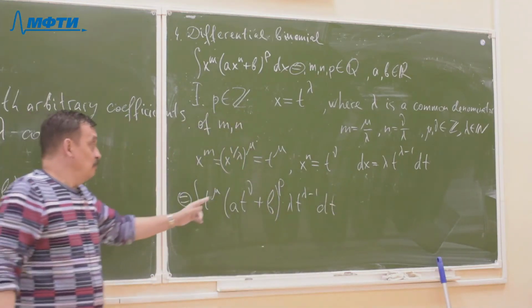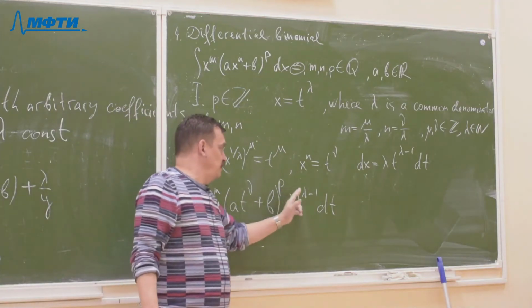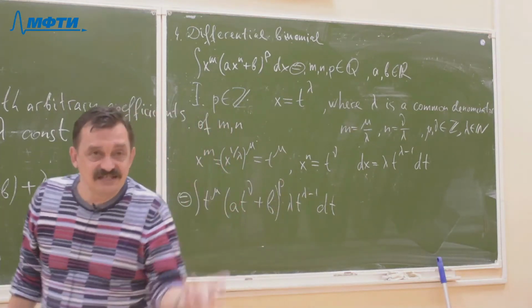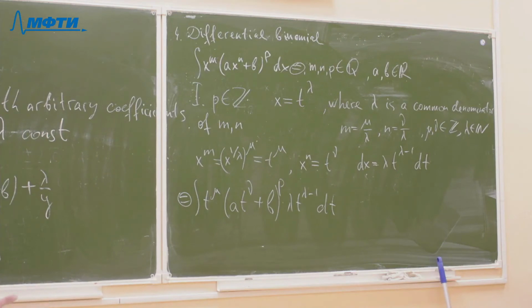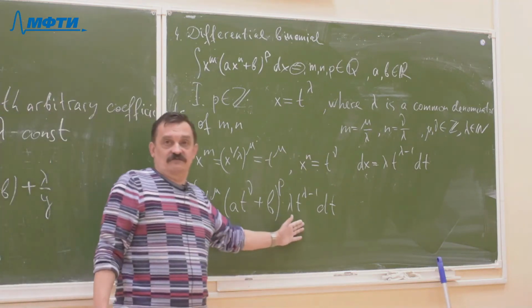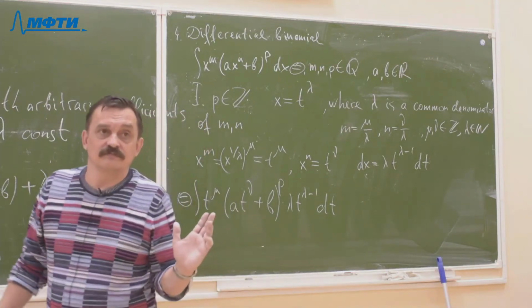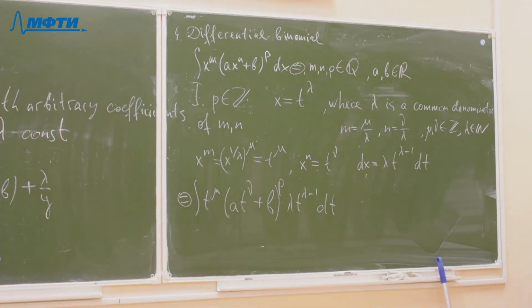Here, mu, nu, p, and lambda are integers. Now, it means this function is a rational function. So we can compute this integral by our methods from the former section, right? So it works. Okay.